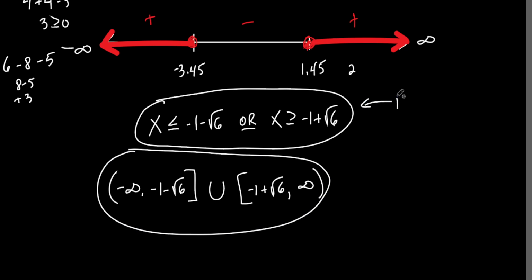This is probably what you're going to see in the book. You might see this later on. But really, if you want to write it either way, I don't care. Probably you should do it the way the book does, because when I read off the answers, that's probably how I'll read it off.